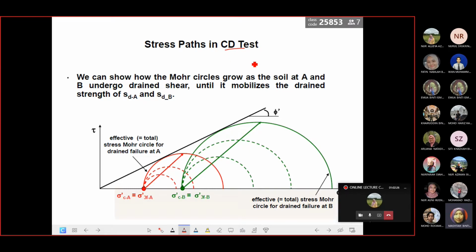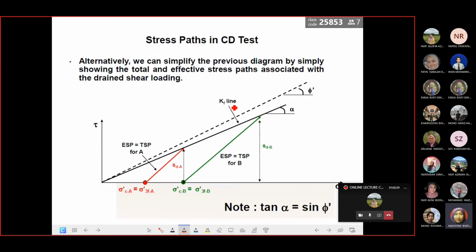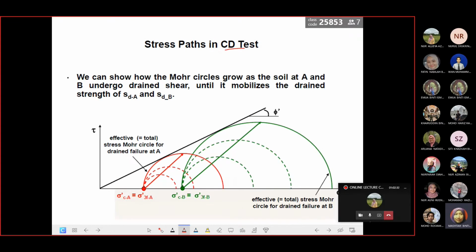Of course, during the shearing stage. You will see that when you do the shearing stage for undrained, these are its conditions. In terms of looking at the total stress path and the effective stress path, it will give you a difference, one forward path and the other a backward path, in a curved form. However, when you plot in a consolidated drained test, meaning you allow water to dissipate, you will see that at this stage, the Mohr circles, effective and total, are at the same point.